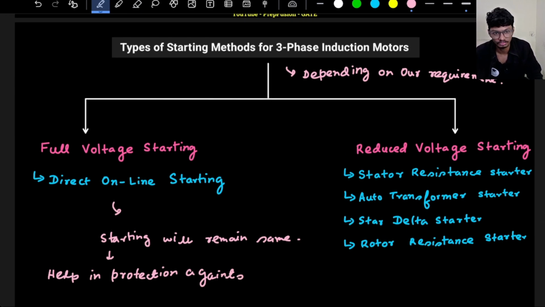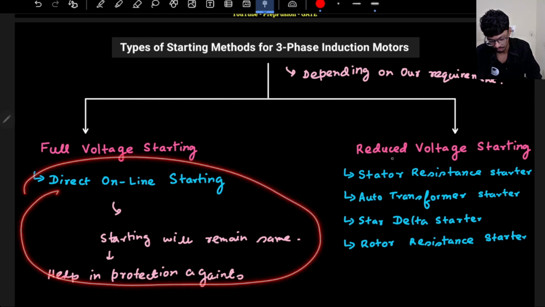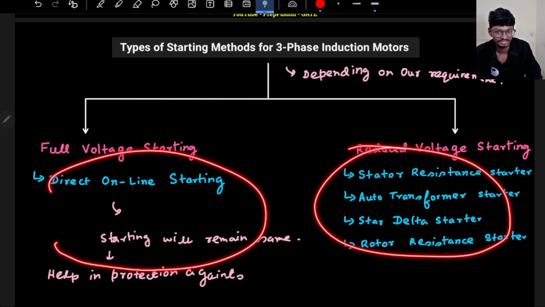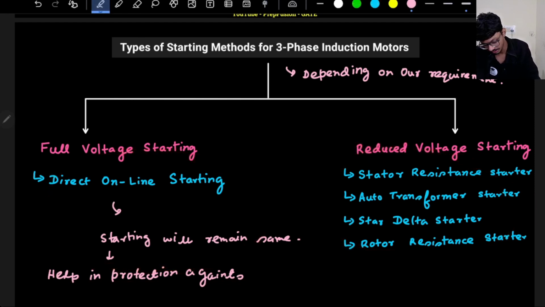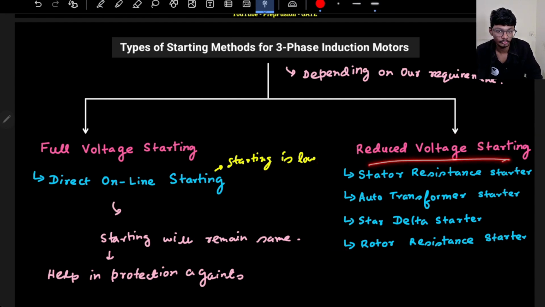Maybe the starting current is not that high without any starter. For those kinds of cases, we don't need all these fancy equipments. We can save cost, so to save cost we will only use this. This is generally used where the starting current is low. Otherwise we have to use all these, which are known as reduced voltage starting.